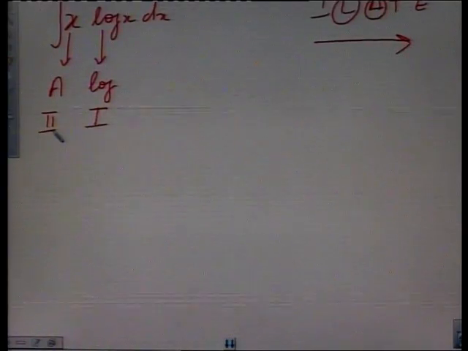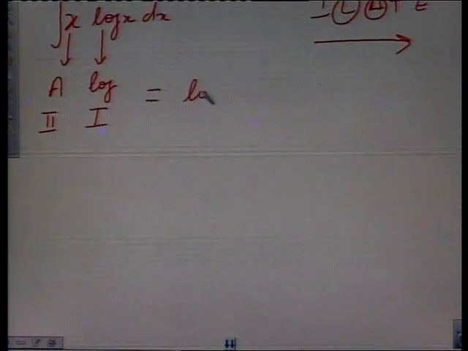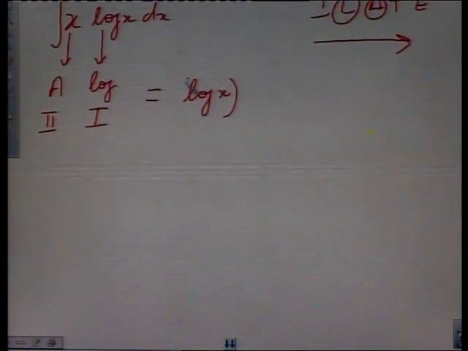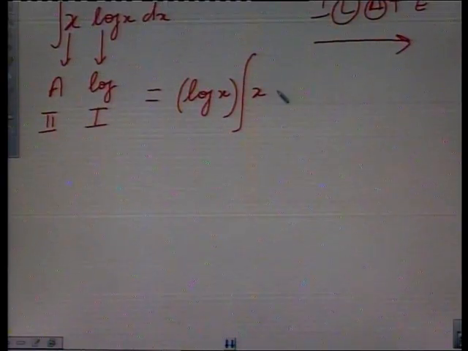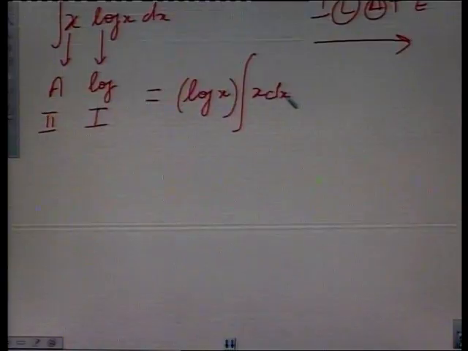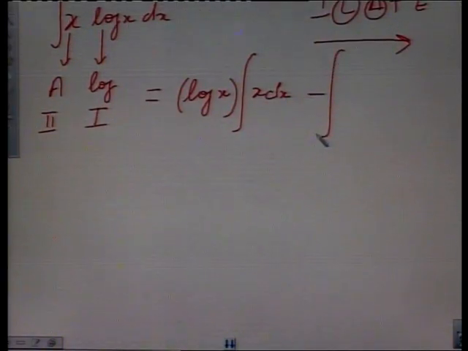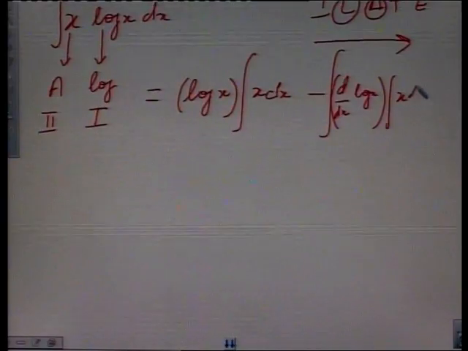So, students, what is the formula? The formula is first function as it is, here I will write it, log x into integral of second function. What is our second function now? It becomes x dx, minus whole integral of derivative of first function, d upon dx of log x, into integration of second function, whole integral.